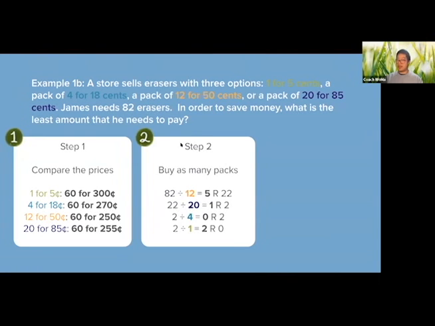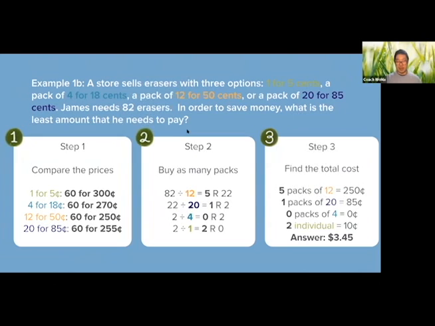So if we do this instead, then we won't buy any of the 4-pack, and then we'll get 2 of the 1-pack. And so we actually can get a slightly better deal, save 1 more cent, and get it for $3.45. So it's just important to consider edge cases.